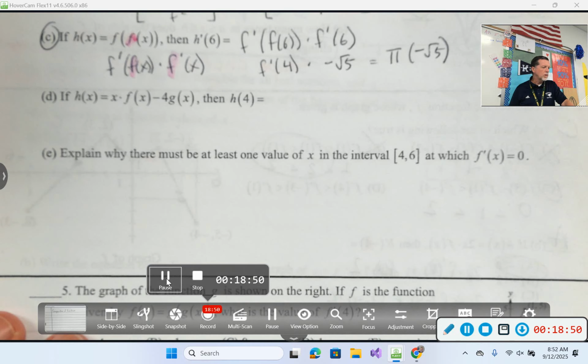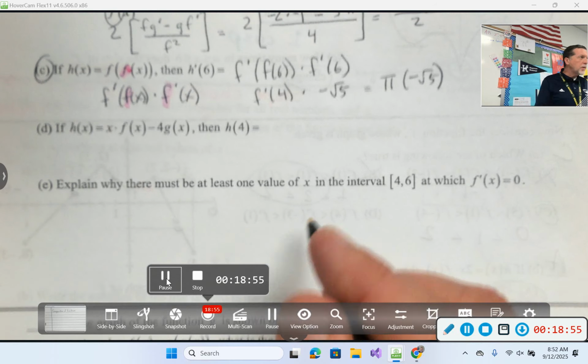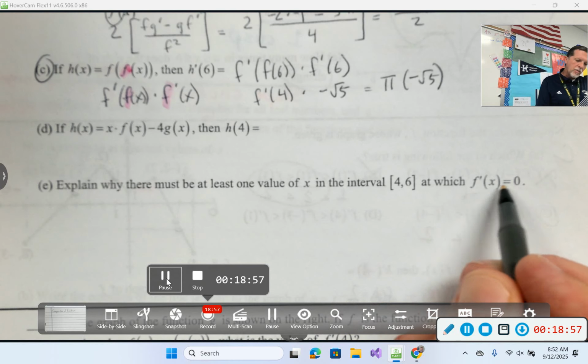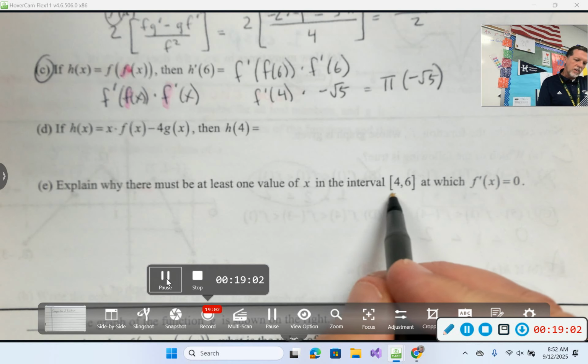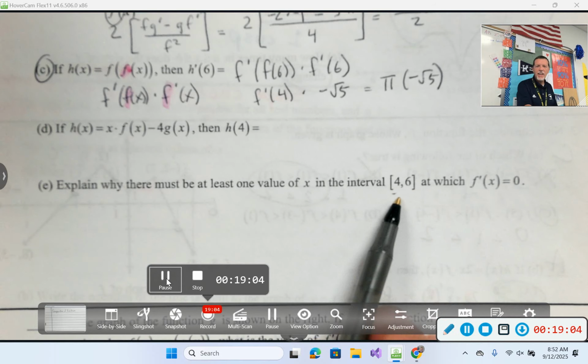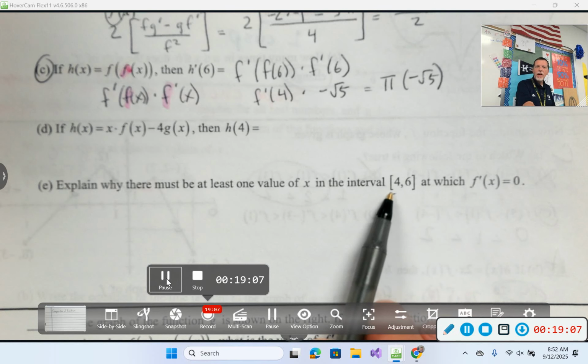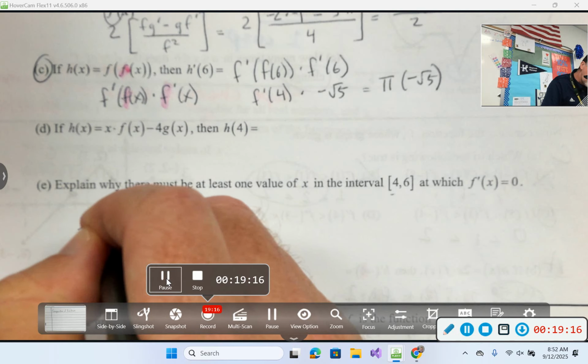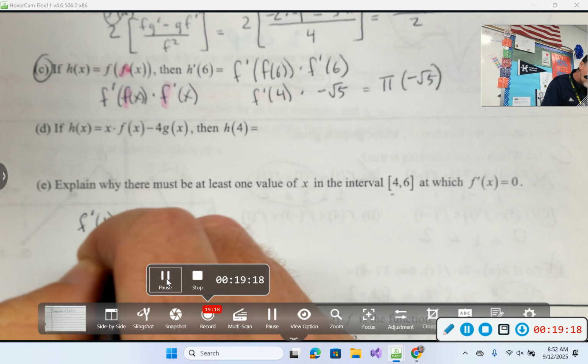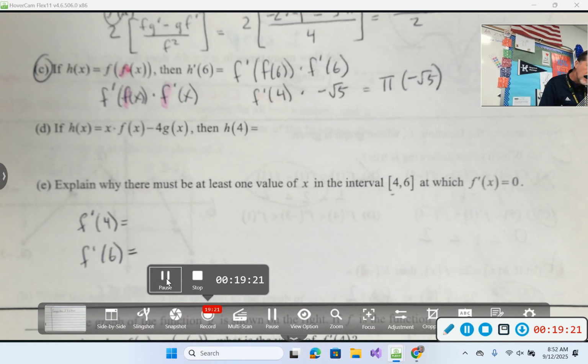Yeah, let's talk about E. Explain why there must be at least one value of x at which f prime is equal to 0 between 4 and 6. This sounds like intermediate value theorem. So maybe we should find f prime at 4 and f prime at 6. Again, got to look at the right column here.